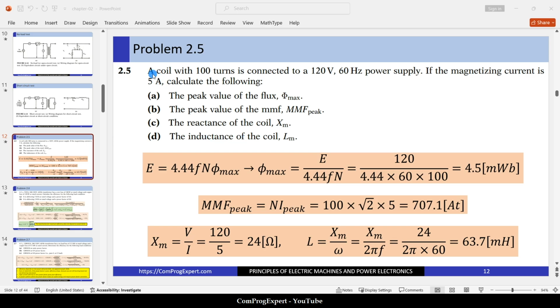So we have one coil, and the number of turns, voltage, frequency, and magnetizing current are given. So let's calculate these parameters. To calculate phi max, the maximum flux in the core, we can use this equation.